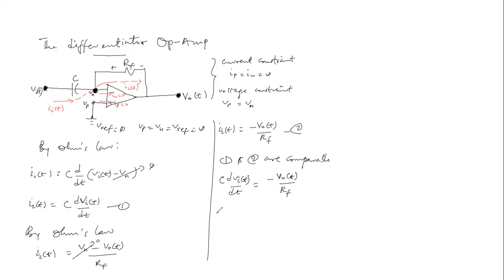Now V naught of t, cross multiplying, will be the same as negative R sub f C dV sub I of t over dt. And here R sub f C is the differential gain constant.